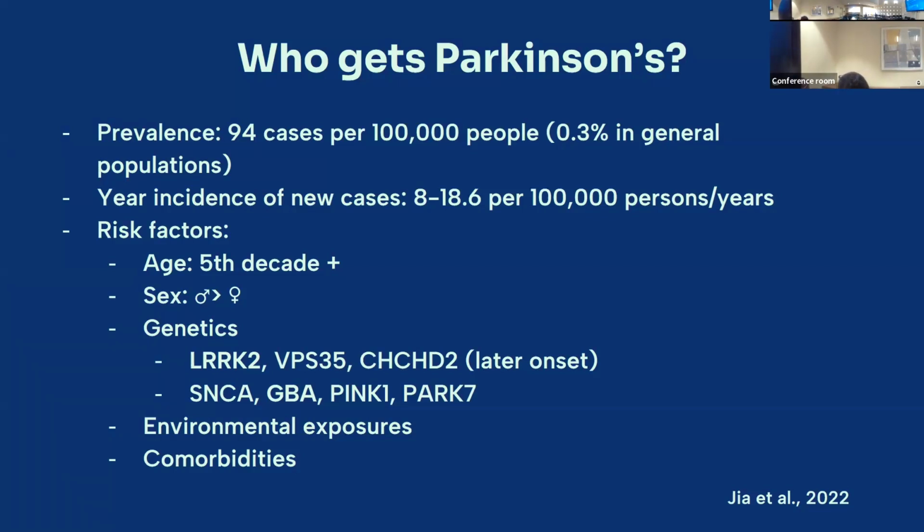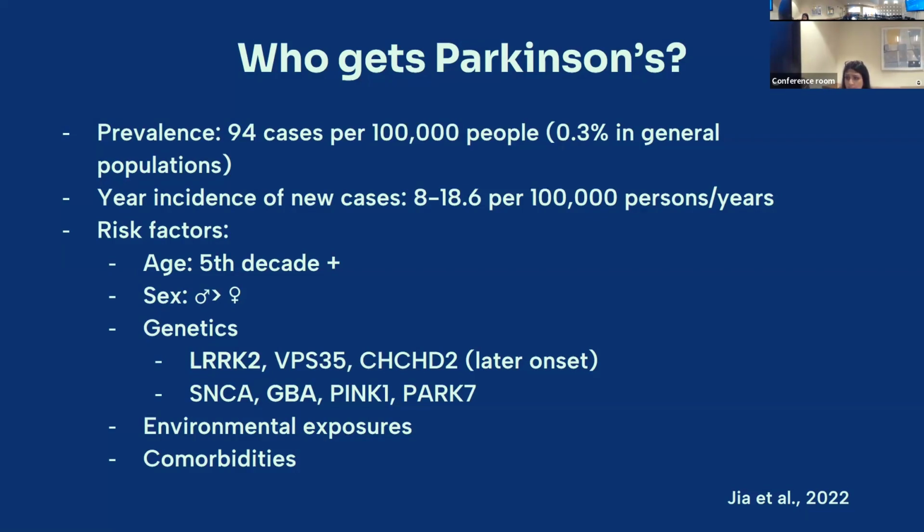Some genetics: family history of Parkinson's in a first-degree relative is associated with a 2 to 3-fold increase in the risk of Parkinson's. They have the monogenic forms, which are less than 10% of Parkinson's patients. These include those that are autosomal dominant, autosomal recessive, and X-linked. And these patients tend to have a younger onset compared to the sporadic cases.